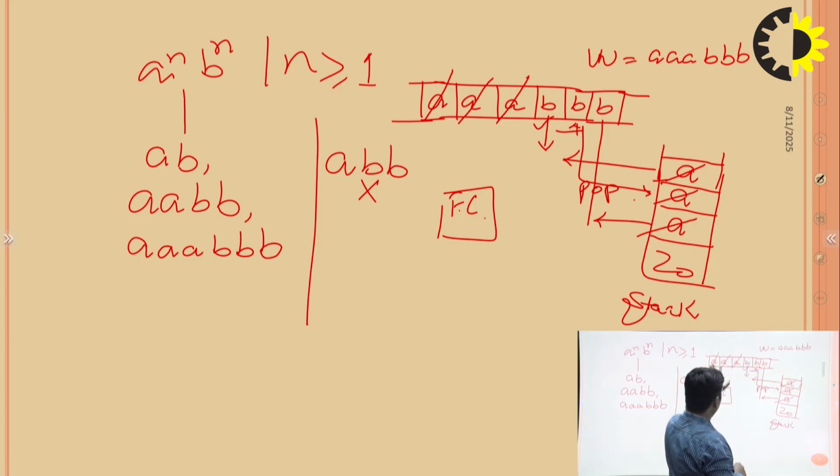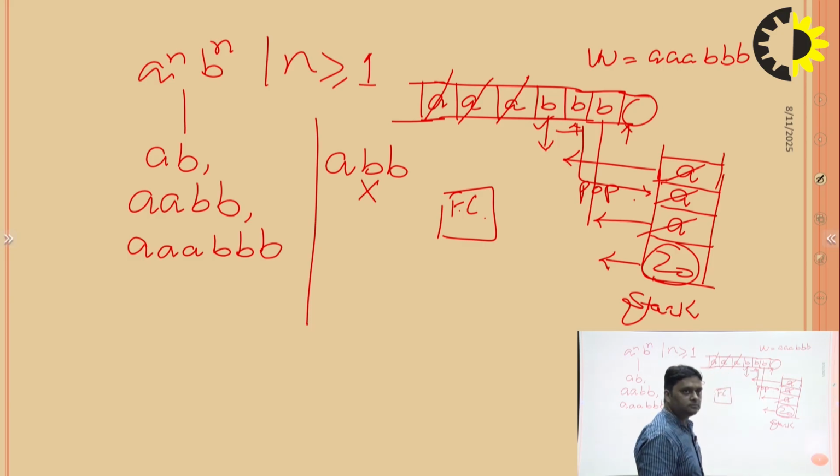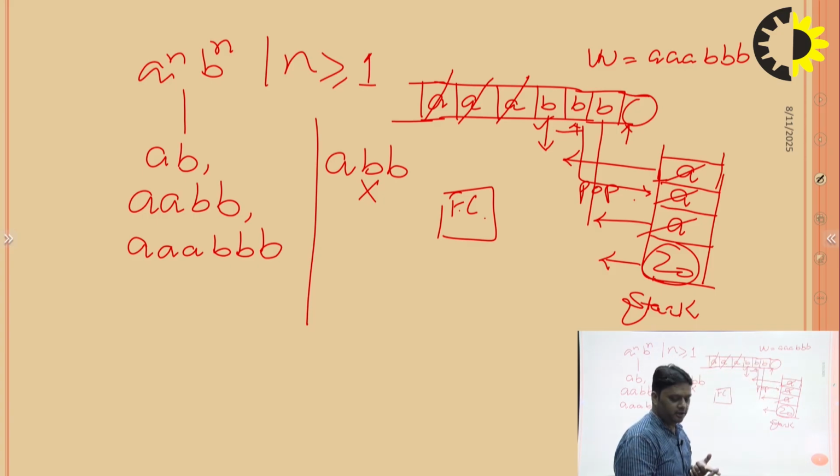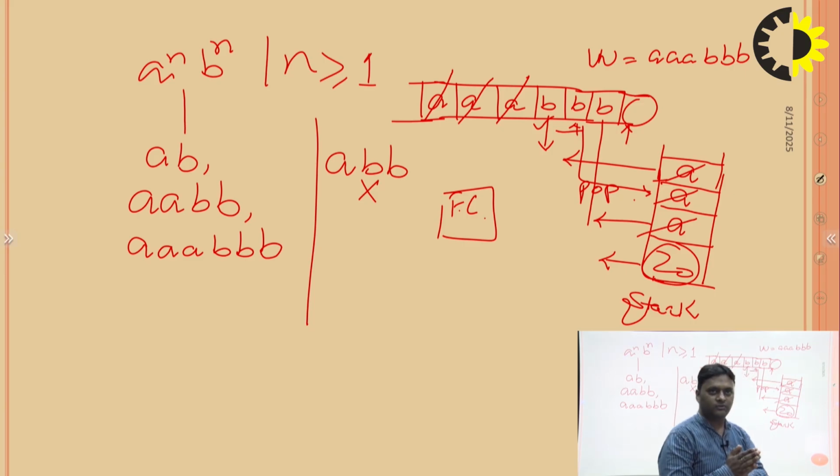In this way, all the symbols will pop and move to the next state. Here we get empty, with the initial stack symbol Z0. Then we know that the string is completely executed. In this way, pushdown automata will perform.